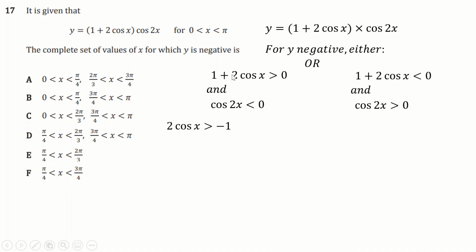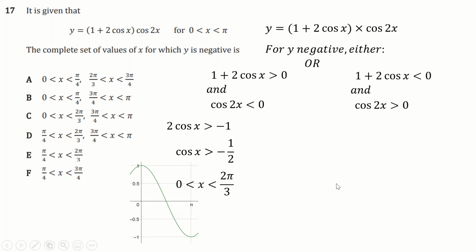So taking this one here, take away 1 from both sides, divide by 2, and I want cos to be greater than minus half. Now, if I draw the cos graph between 0 and pi only, that just looks like this. And I want cos to be greater than minus a half. So I want the angle to be less than this, whatever this is. Now, we should know when cos is minus a half, and it's minus a half at 2 pi over 3.